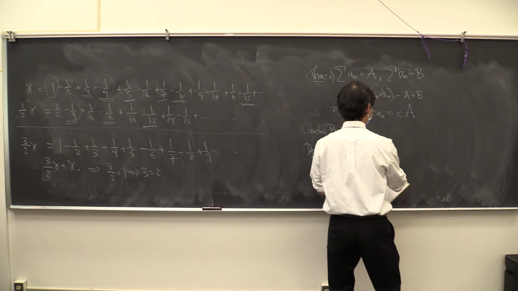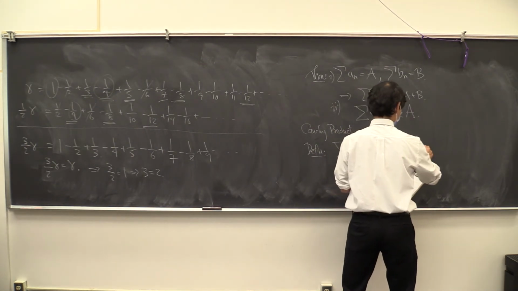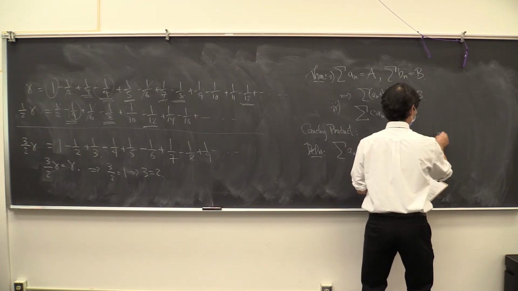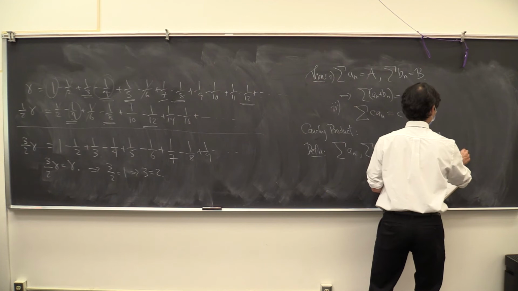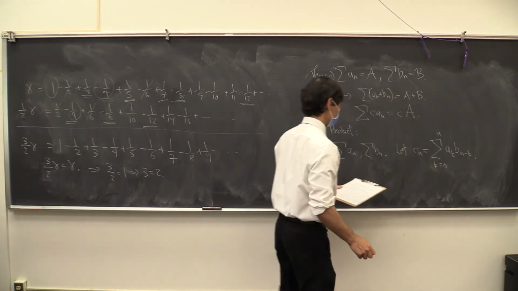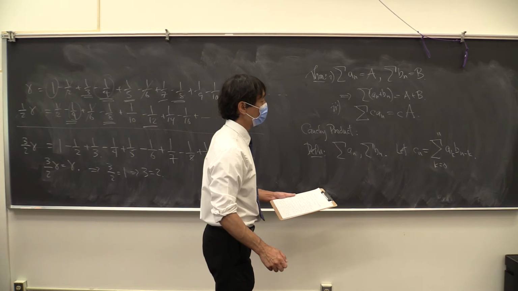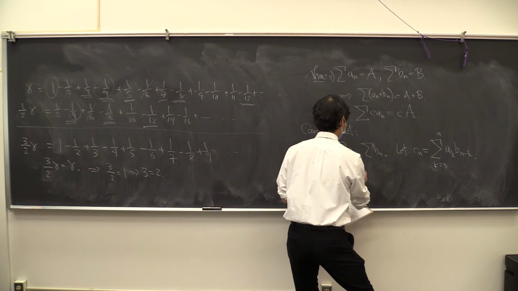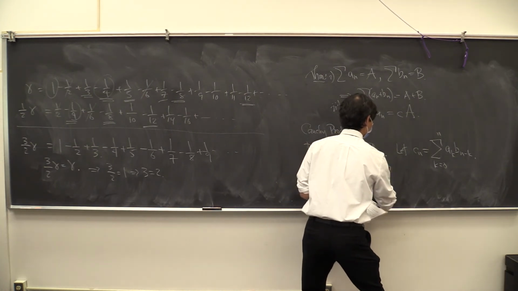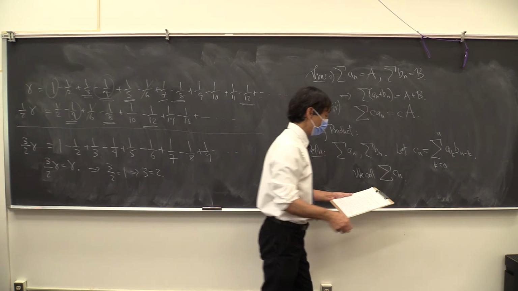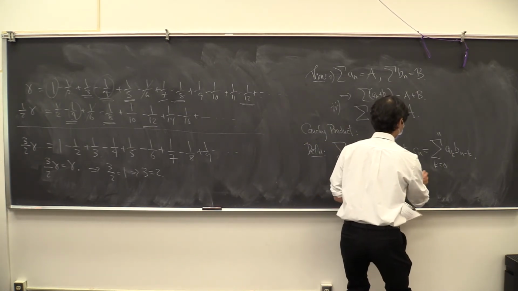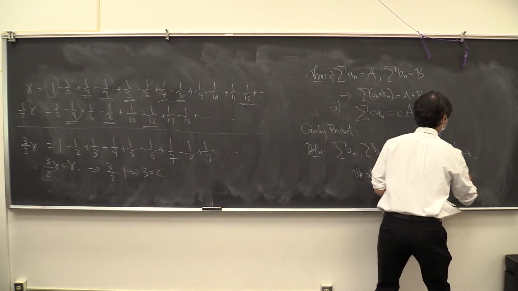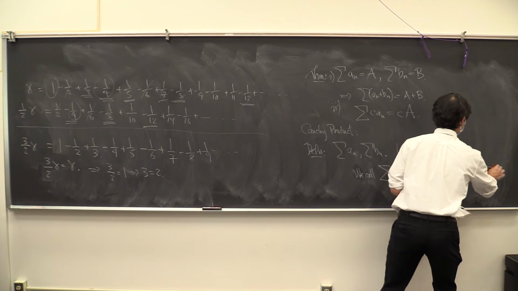Let c sub n be the sum from k equals 0 to n of a sub k times b sub n minus k. We call the series, summation c sub n, the Cauchy product of these two series, a sub n and b sub n.